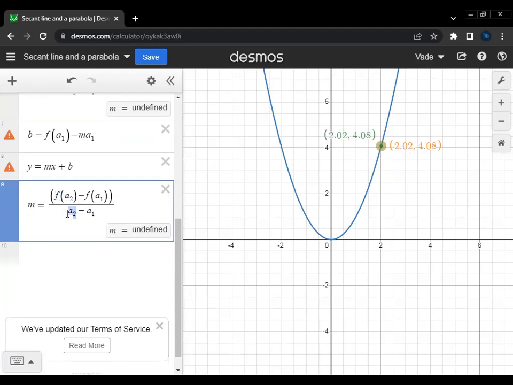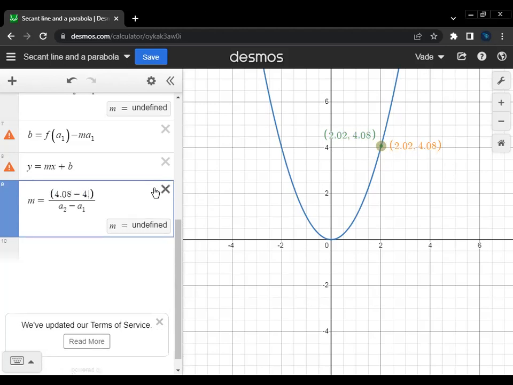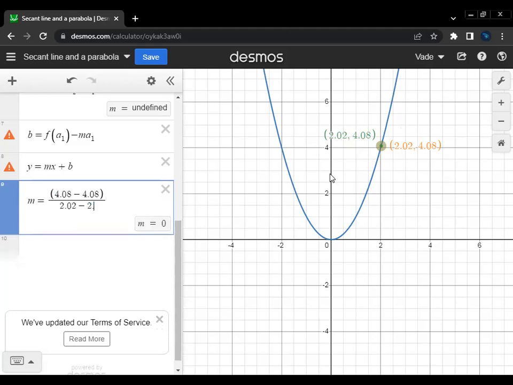So the term with 2 is for the green point, while the one with 1 is for the yellow point. Let's start: the y sub 2 of the green is 4.08. Then the y sub 1 of the yellow point is 4.08 as well. Now x sub 2 is 2.02, and x sub 1 is also 2.02.